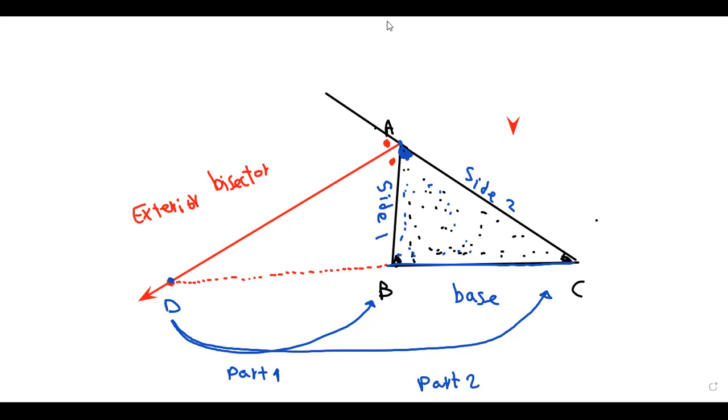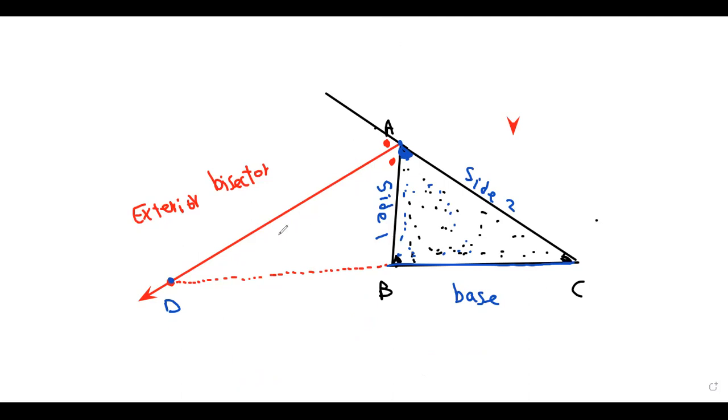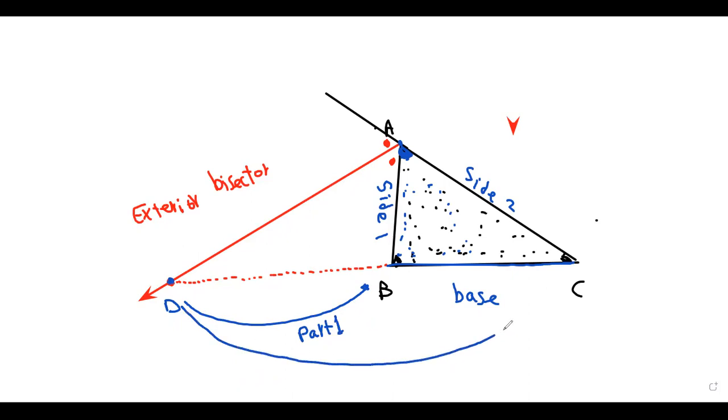Once again, how does this bisector divide the base? It divides the base externally. This is the point where the base meets the bisector. DB, this is part 1, pay attention, please, over DC, this is part 2. So part 1 over part 2 is equal to side 1 over side 2.